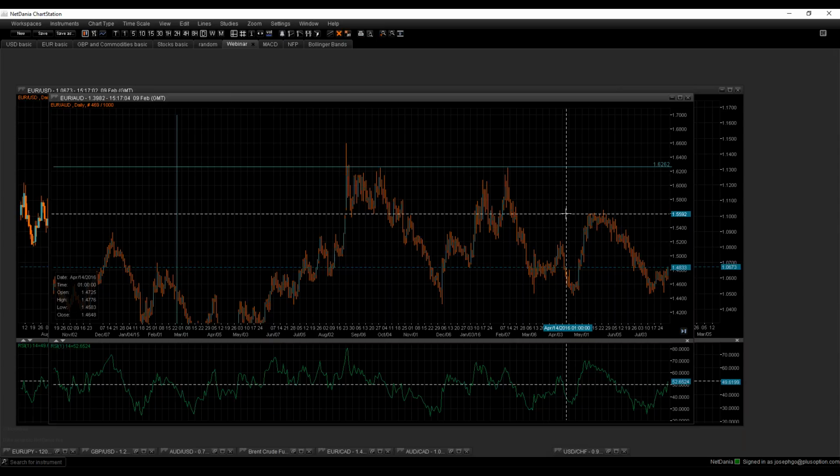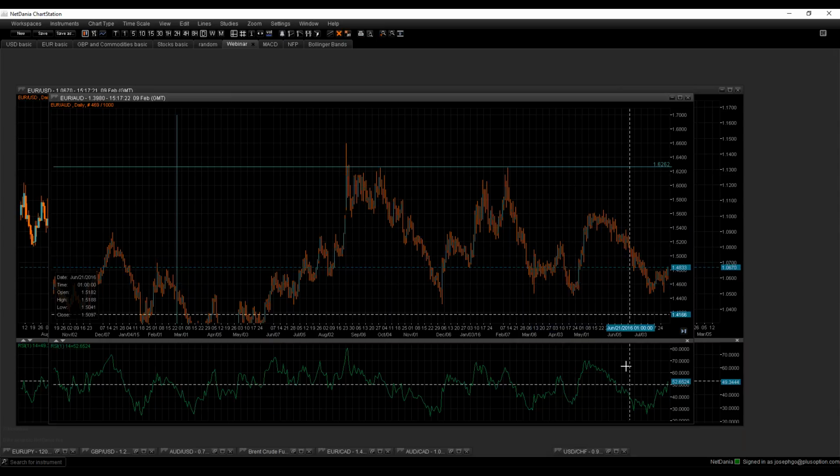So last week we compared the words overbought and oversold to overpriced and underpriced. They are not synonymous, but they will help us for this purpose. We'll think of overbought as overpriced and oversold as underpriced. So just a little review of how to apply the RSI.